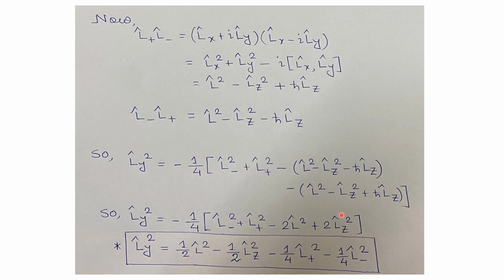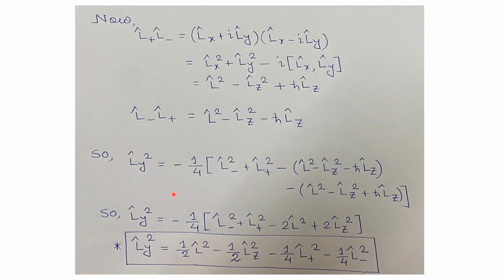So after doing all calculations we are getting Ly squared equals minus 1/4 times (L minus squared plus L plus squared minus 2L squared plus 2Lz squared). So basically Ly squared equals half of L squared minus half of Lz squared minus 1/4 L plus squared minus 1/4 L minus squared.